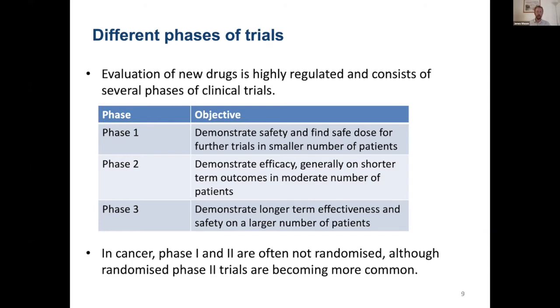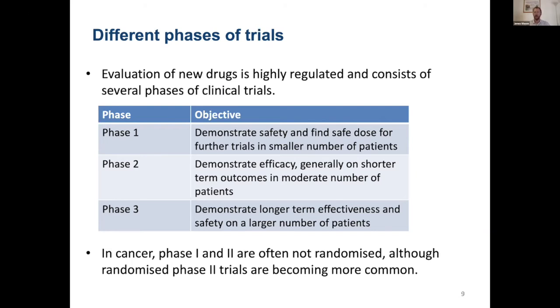And a phase 1 trial would be to demonstrate the safety and make sure it's not unsafe, and to find a dose that is sufficiently safe to justify testing in the next phase, phase 2, which is looking generally at shorter term efficacy in a moderate number of patients.